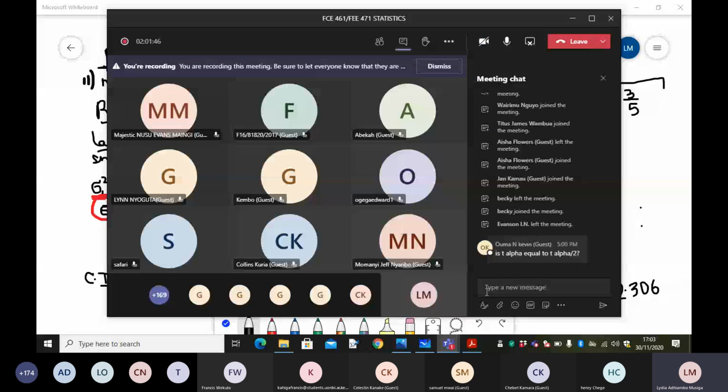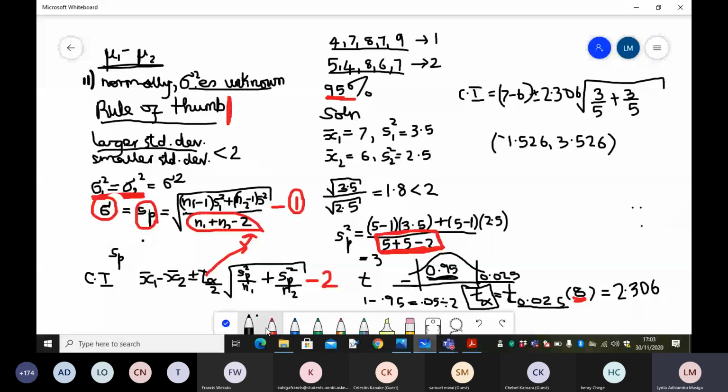Is T alpha equal to T alpha over 2? No. And I want to answer that for the general case. I'm being asked whether T alpha is equal to T alpha over 2. This is not true.